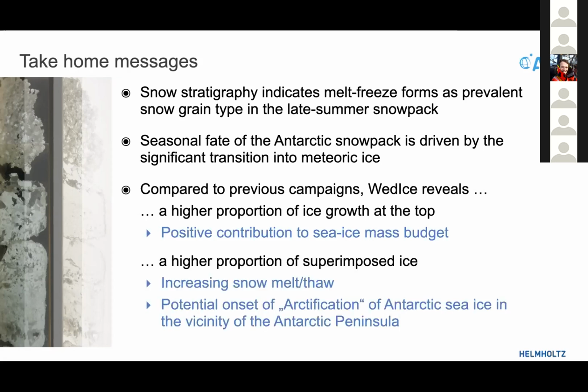On the other hand, we hypothesize, due to this higher proportion of superimposed ice, which gives indications of increasing snow melt, that there is a potential onset of a so-called arctification of the Antarctic sea ice in the vicinity of the Antarctic Peninsula. That is the region where we see, not only in sea ice but also in other records, general warming and change due to climate change.